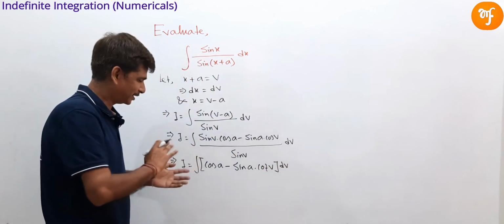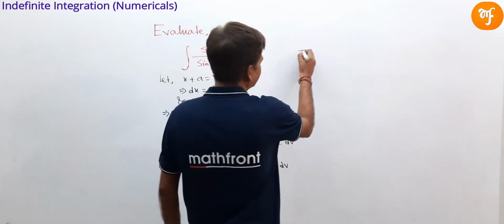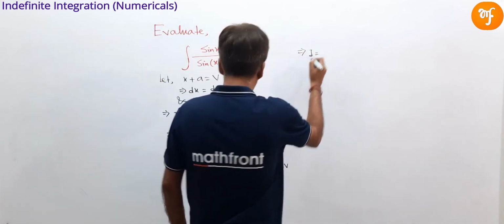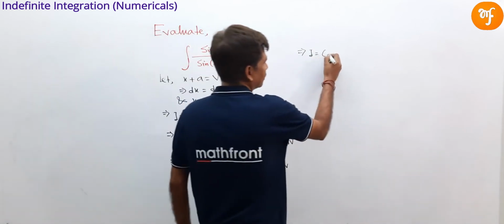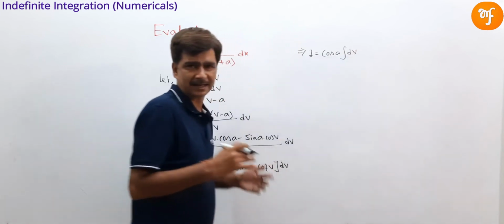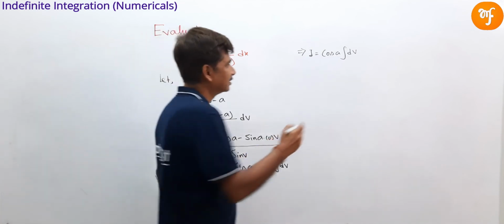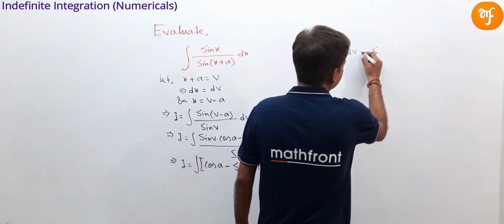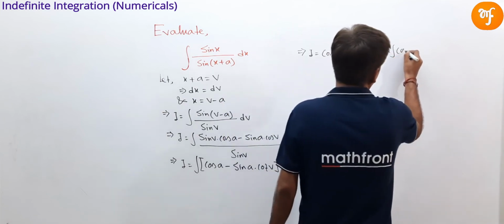Clear? Now we can split into two integrations. I is equal to the integration of cos a dv. So this is cos a into the integration of dv, as sin a and cos a both are constants, minus sin a into the integration of cot of v.